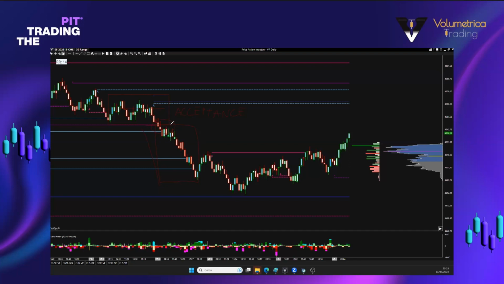Of course, this is just the result of a previous auction, a previous fight, which has been taking place right here over the acceptance area. But that's a result of something which has been preparing for some time, for some bars, for a range, and eventually produced an outcome, which is that.